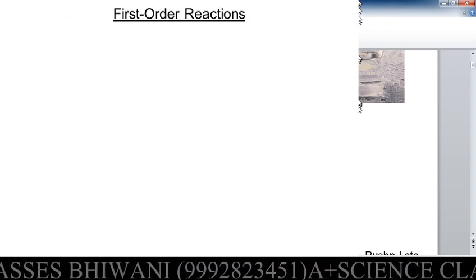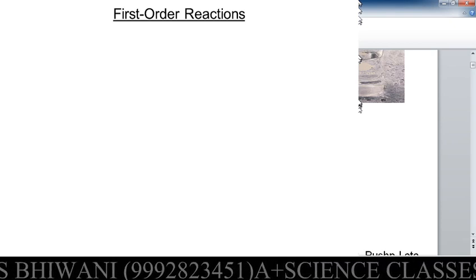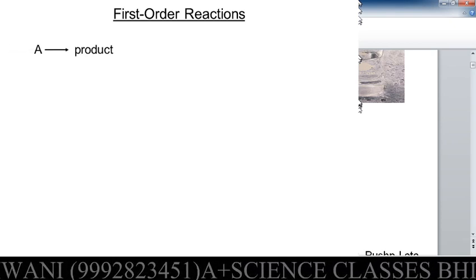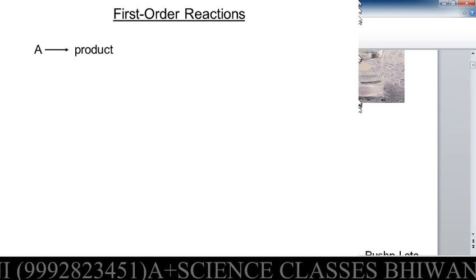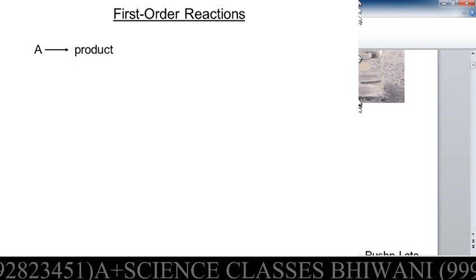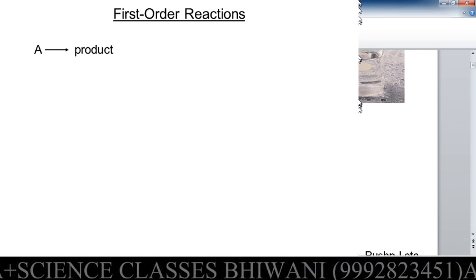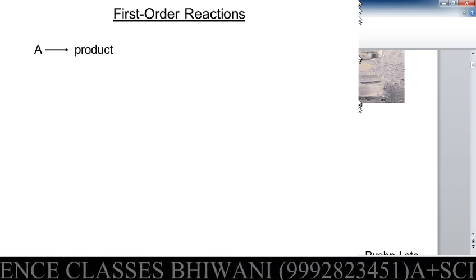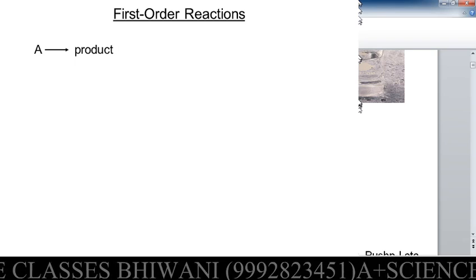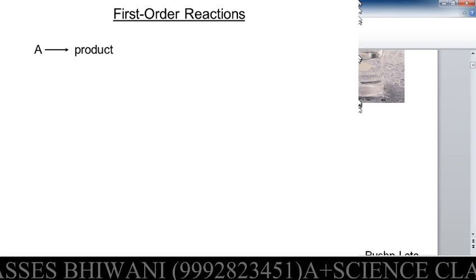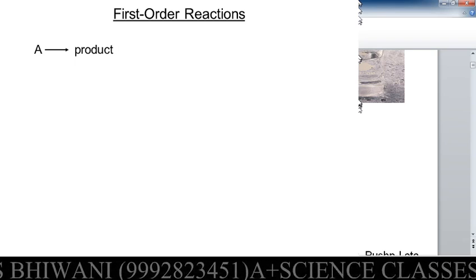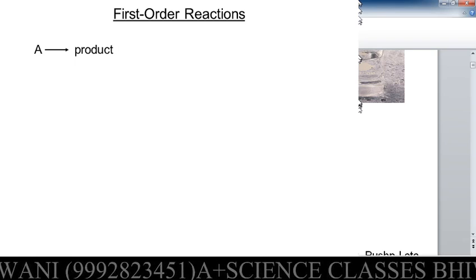So, how can we write down first order reactions? A first order reaction means a reaction which is dependent only on the molar concentration of a single reactant. A reactant can convert into a product, or you may have two reactants but only one reactant is responsible for the product formation.